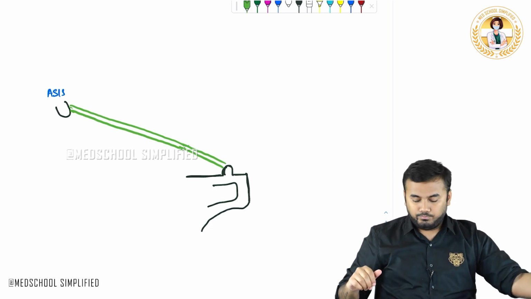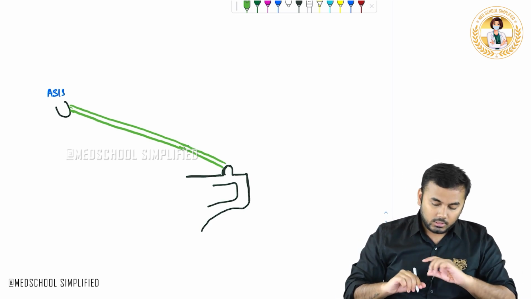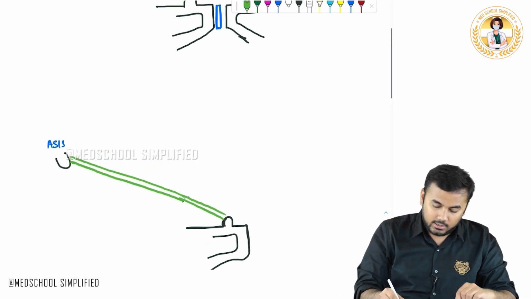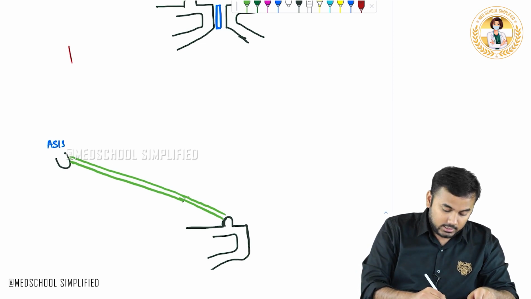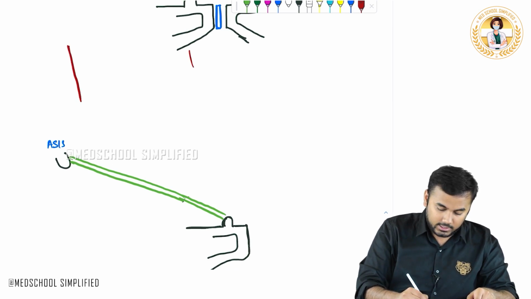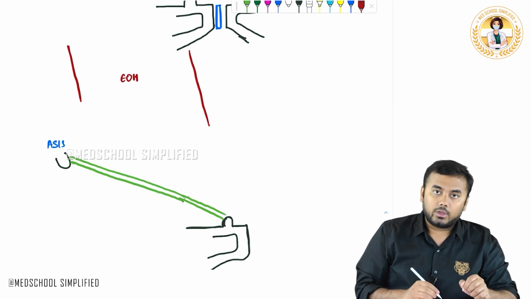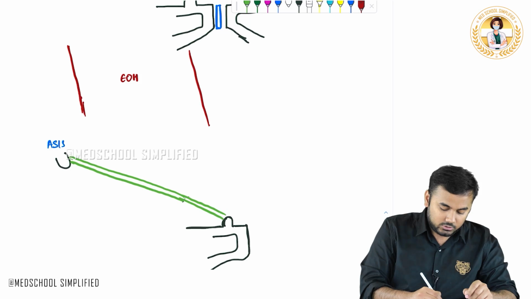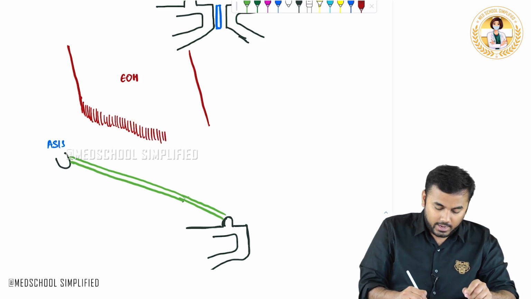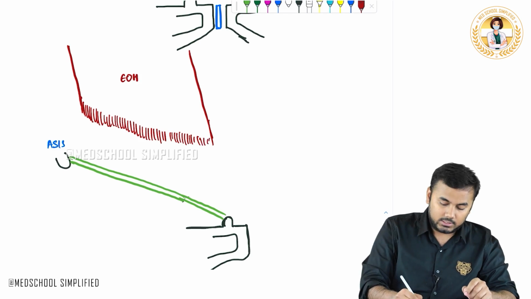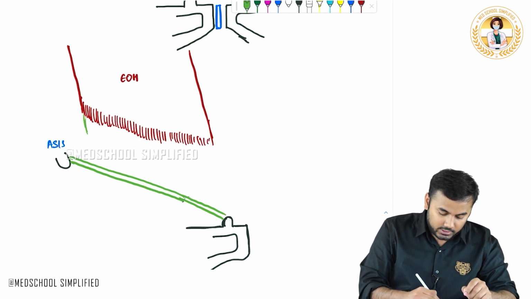What I was trying to tell you is that this muscle here is your external oblique muscle. The external oblique muscle stretches all the way down till here, and it is in continuation with this aponeurosis.